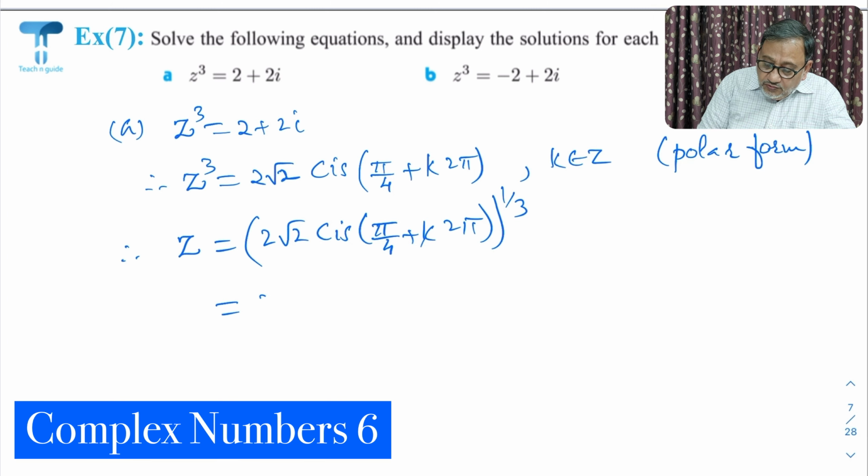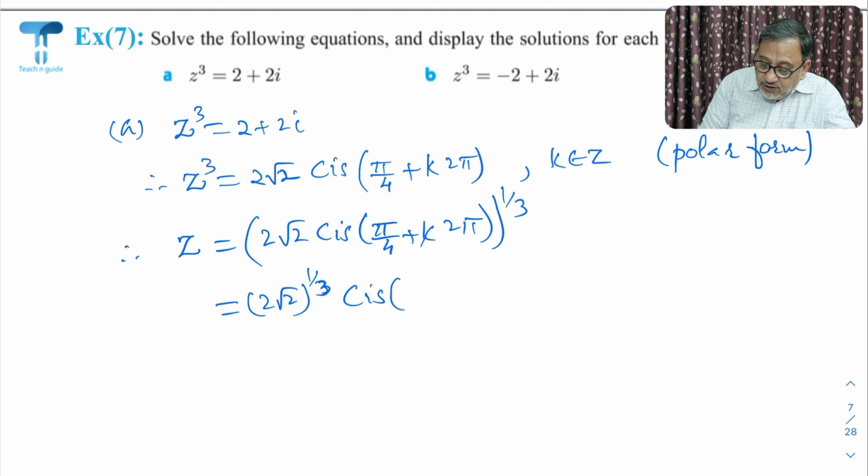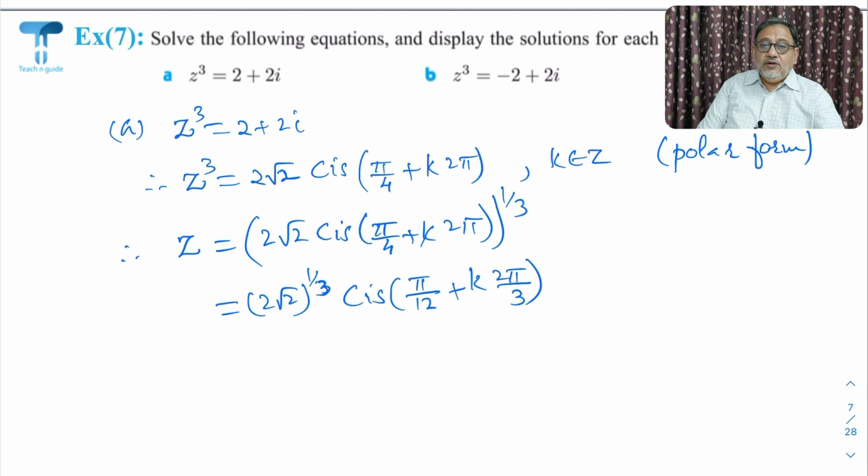So 2 root 2 will have the power 1 by 3, and cis will get multiplied by 1 by 3. So pi by 12 plus k 2 pi by 3, okay, because 4 times 3 it was 12.